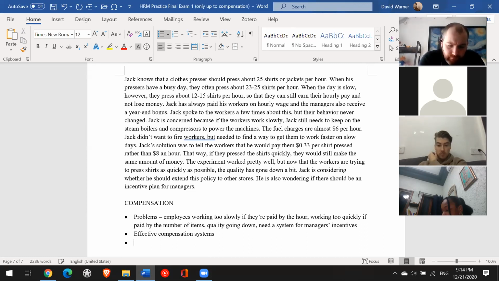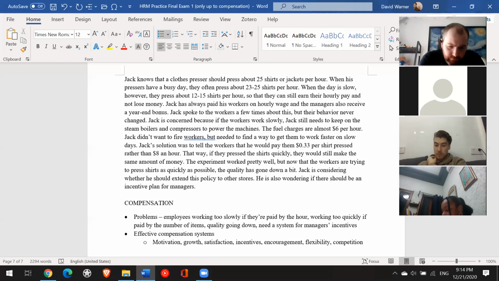The purpose of a compensation system should be things like motivation, growth, satisfaction, incentives, encouragement, flexibility, and also competition.